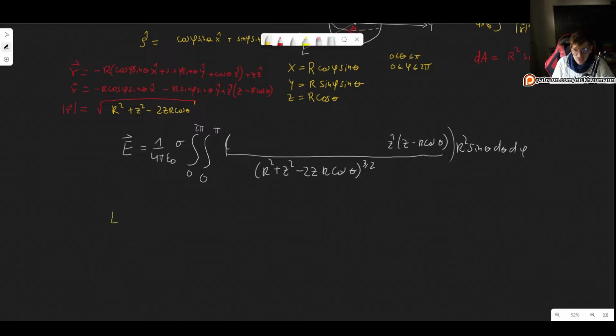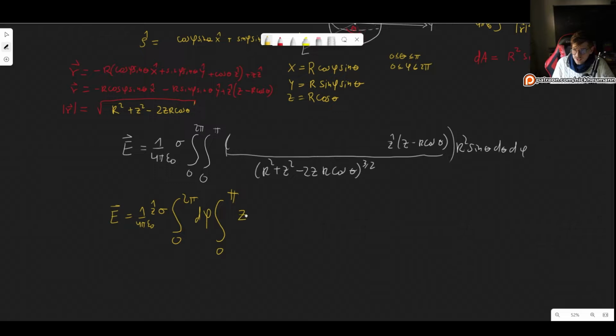So let's now rewrite what we have. This is 1 over 4 pi epsilon 0 sigma. And let's separate our integrals because we don't have anything in phi. Notice there is not a single phi here. So this is basically the integral from 0 to 2 pi d phi, times the integral from 0 to pi of everything else. Here we have the z hat vector, which we can take out. It doesn't depend on any of our angles.